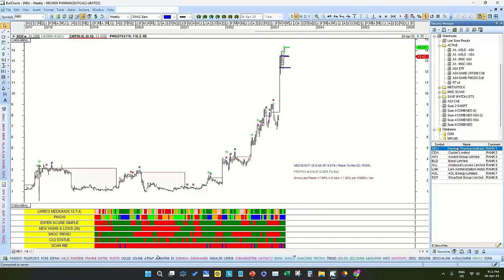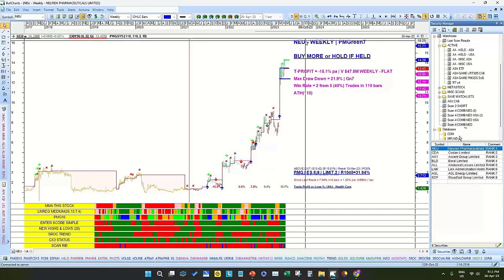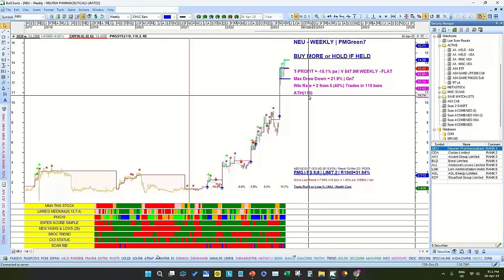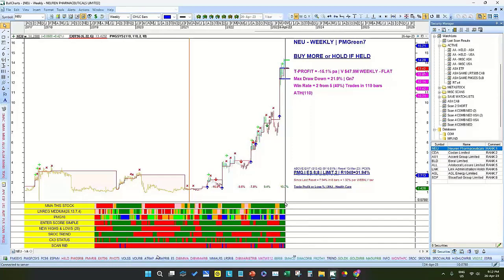And here's an example. So we have Neuron Pharmaceuticals, and you can see that all of the ribbons that I have here are pretty much in the green. And in fact, for the last 2 bars are totally in the green.